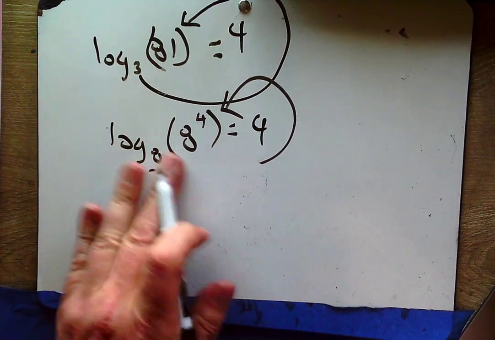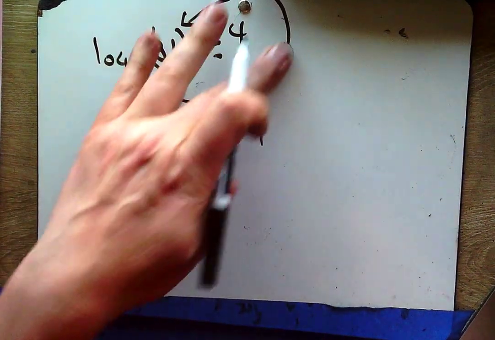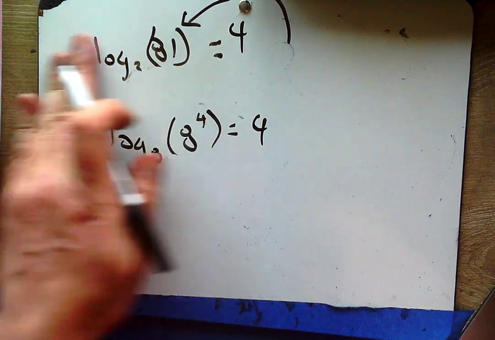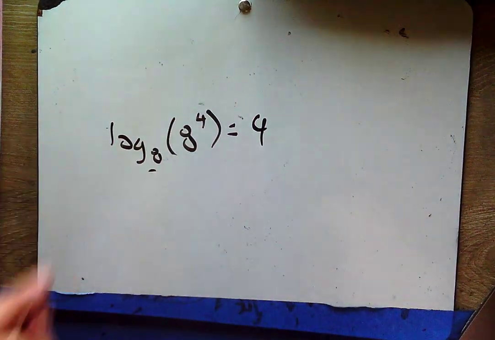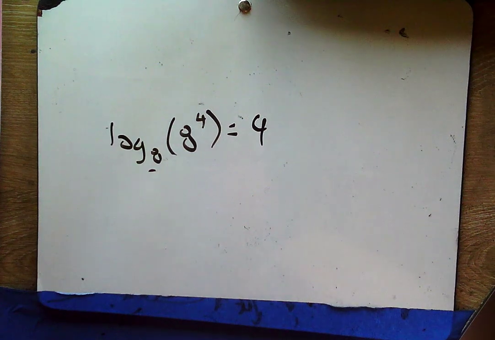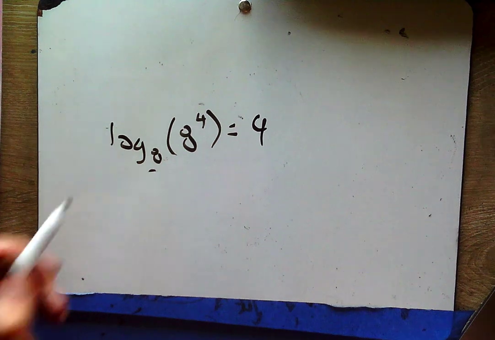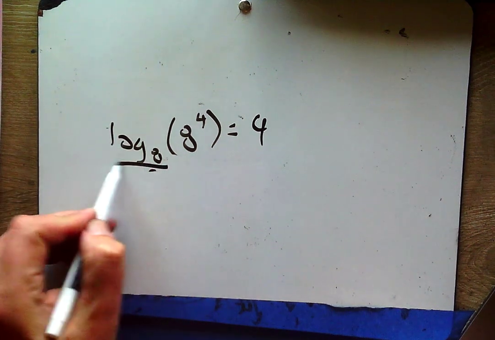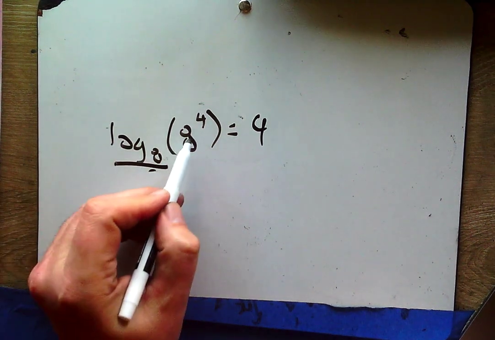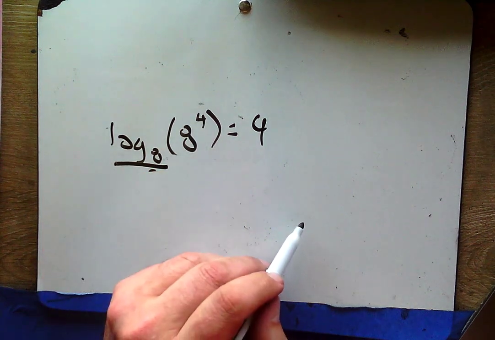I kind of want to bring up this other idea, though. What was the relationship between logs and exponentials? That's right, they're inverses of each other. And inverses undo each other. Multiply undoes divide, subtract undoes add, and look what I've got here. Log base 8 of 8 to the power of.